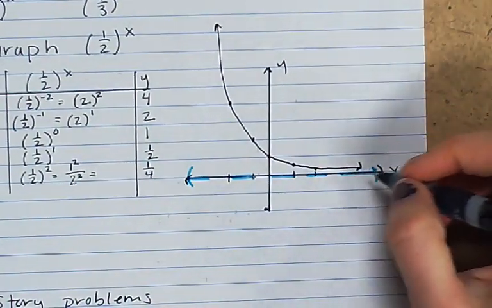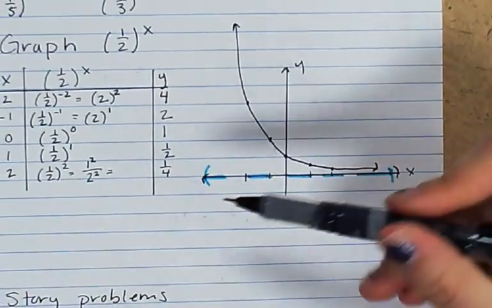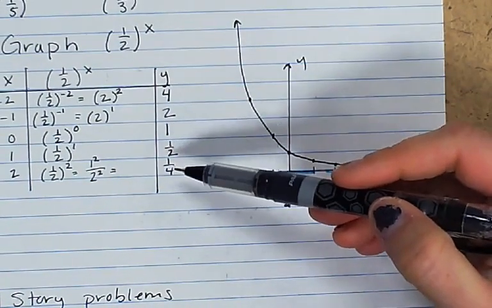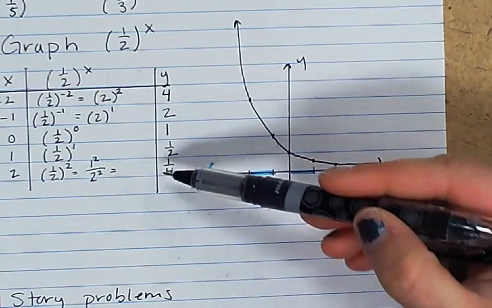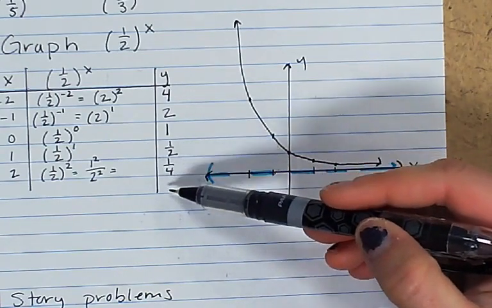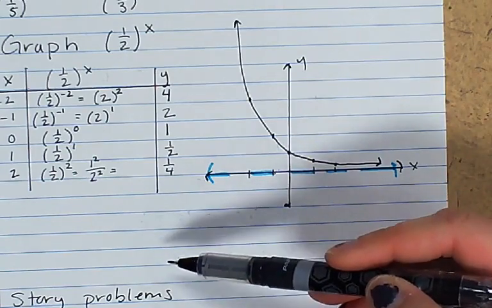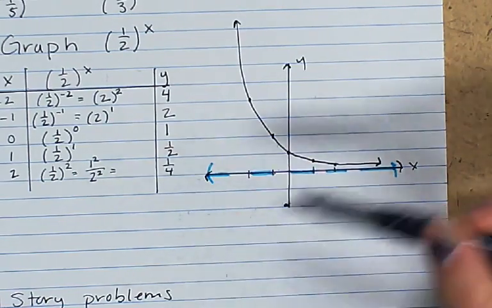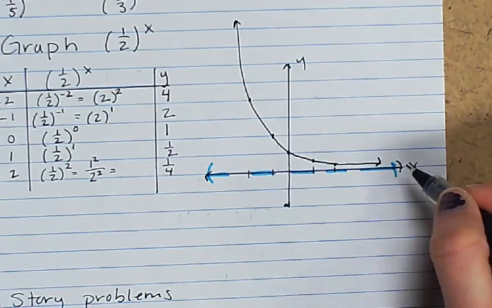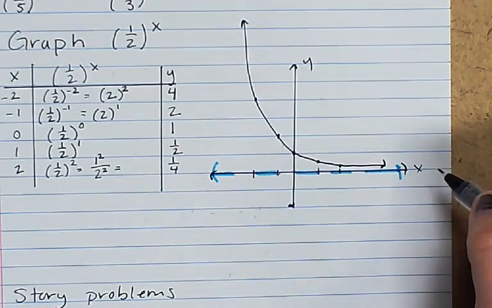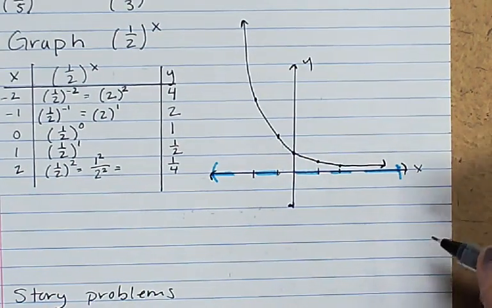But basically, as x gets bigger and bigger, y doesn't become negative. It just becomes a smaller and smaller fraction. It'll be 1/4, 1/8, 1/16, 1/32, 1/64, 1/128. So it's just becoming a tinier and tinier decimal without actually ever being 0 or below 0.